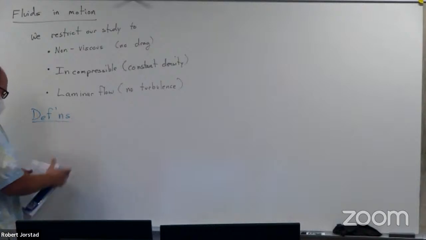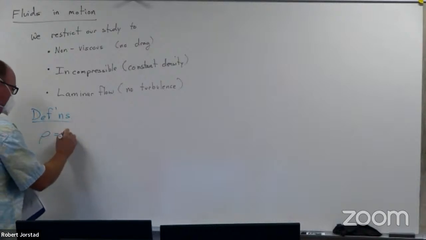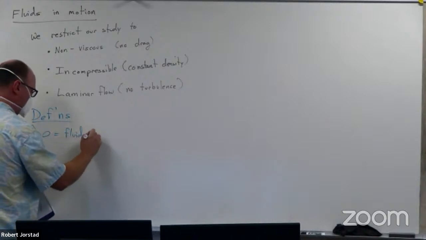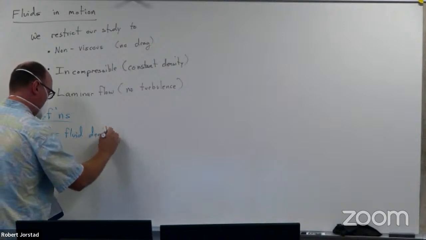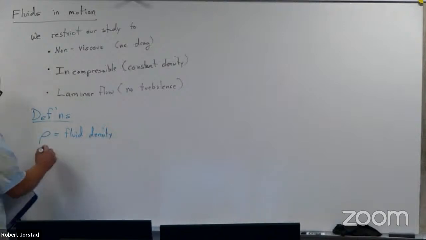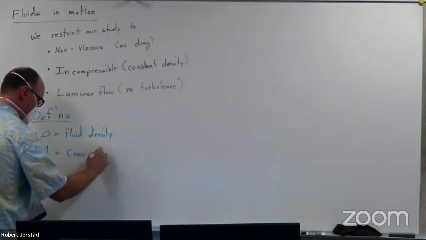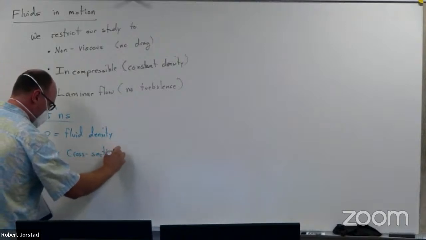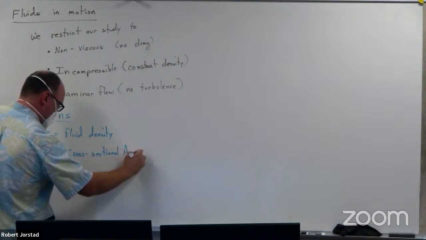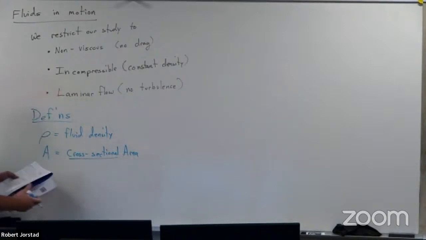So just some definitions. Rho, that's going to be our fluid density. A is going to be cross-sectional area. That's what we've been using all along here. But just so you know, it's a cross-sectional area.